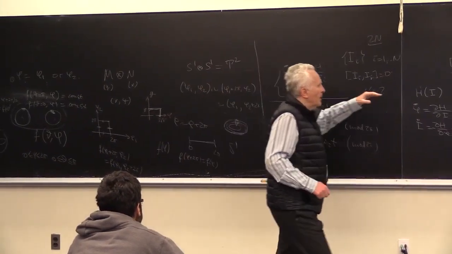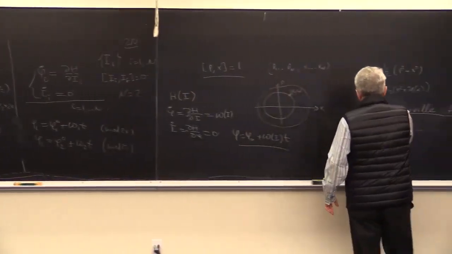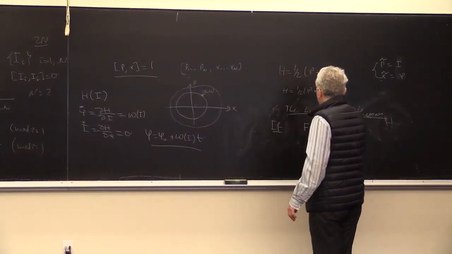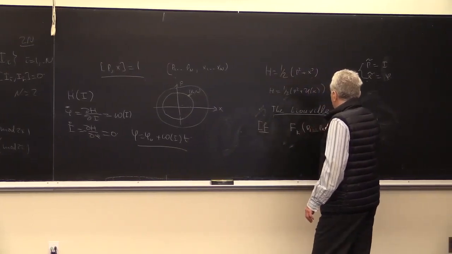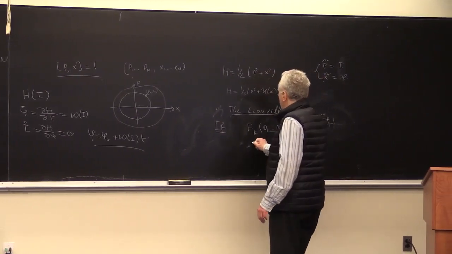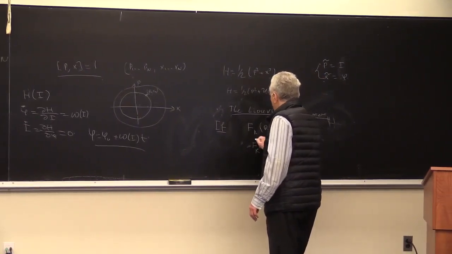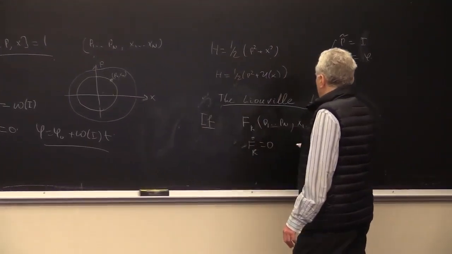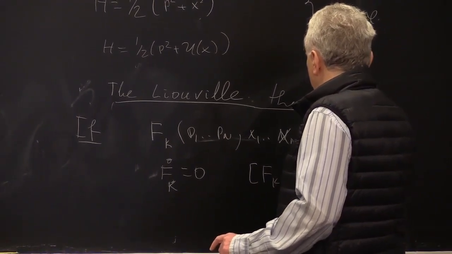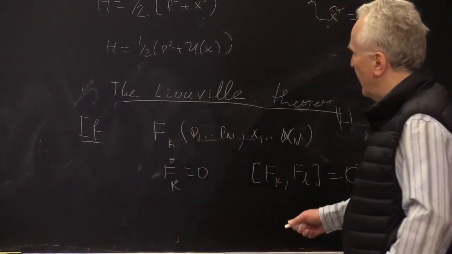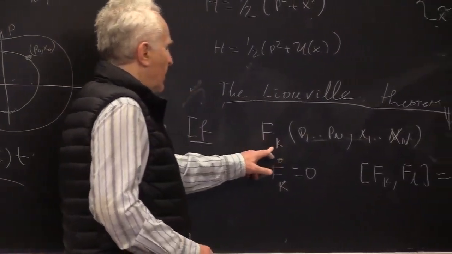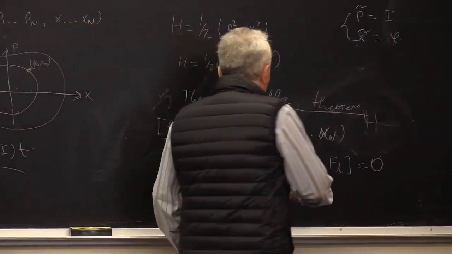Anyway, the Liouville theorem says that if you have a system with some functions f_k of p1, ..., pn, x1, ..., xn, such that they are conserved, so f_k dot is 0, and that's important, the Poisson brackets of these functions are 0, and they are functionally independent. So you don't want function f2 to be a function of f1.